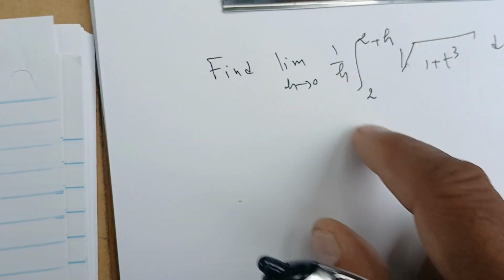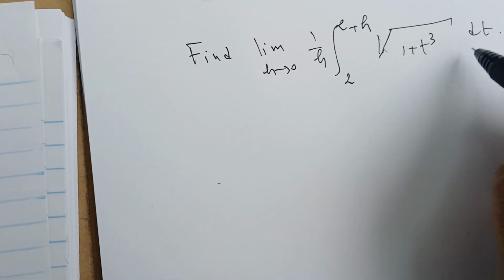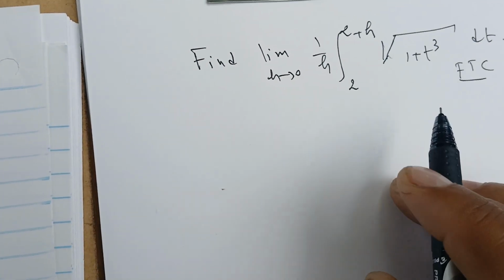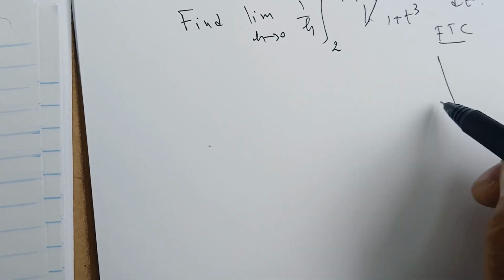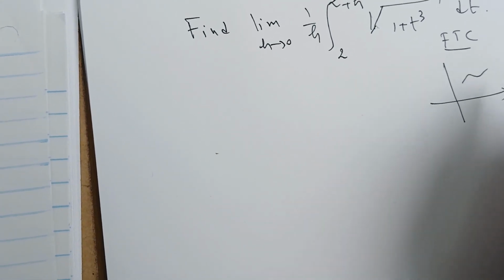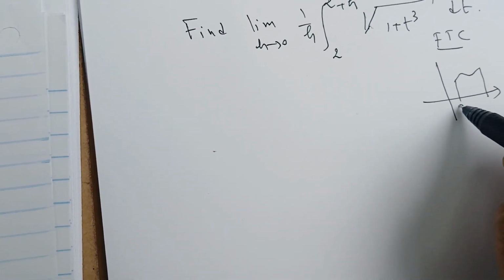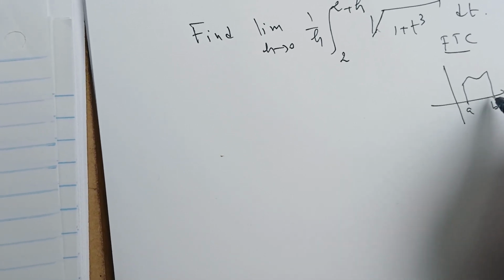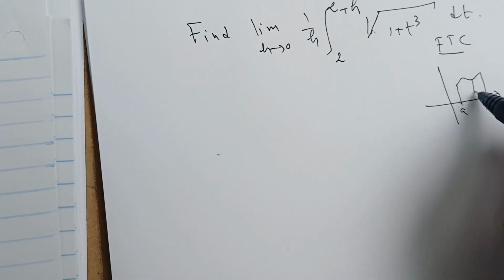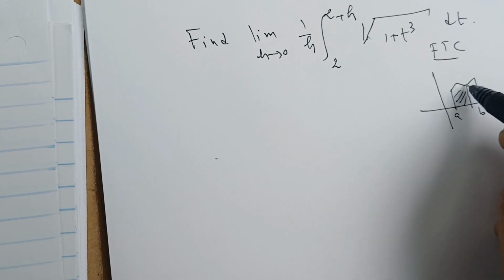To be able to solve this one, we need to use the fundamental theorem of calculus. So what's the fundamental theorem of calculus? Given a function that's continuous and defined on some interval [a, b], this is our g(t).